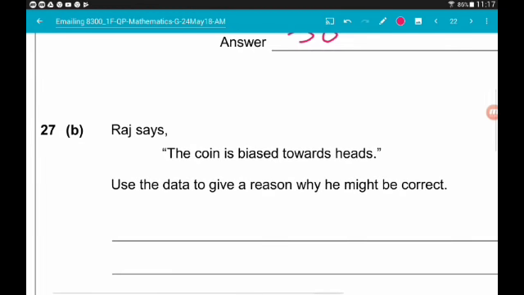Okay, then part B. Raj says the coin is biased towards heads. We want to write down a reason why he might be correct. So, with a coin, you would roughly expect heads and tails to be 50-50. So here, we could say, well, half of 50 is 25.